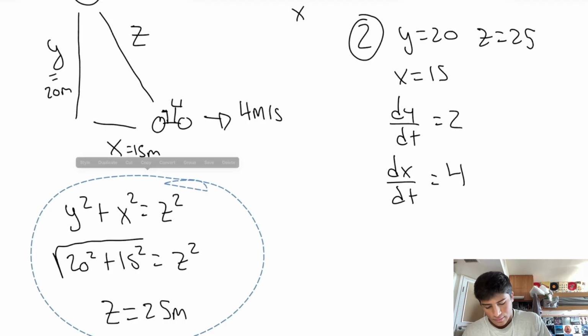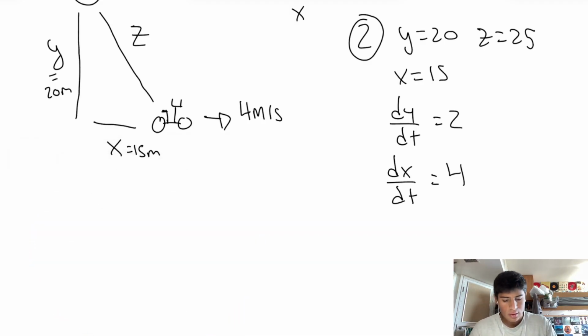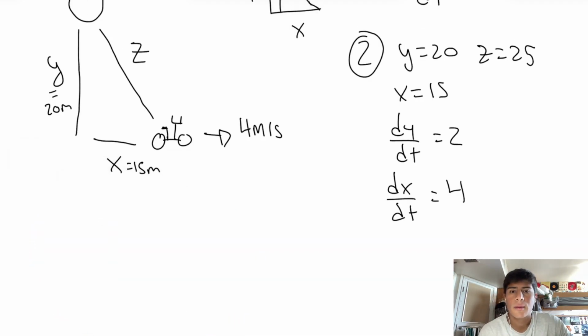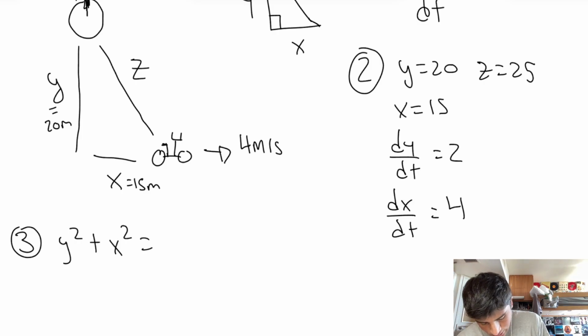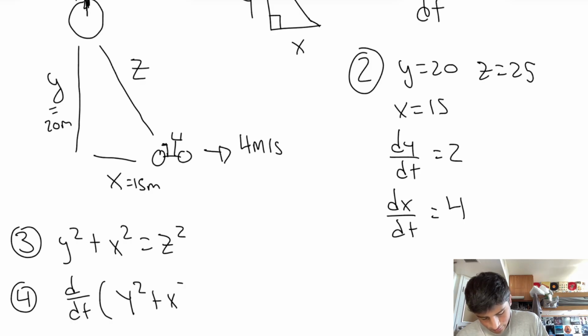All right. Three. What is the equation that relates these things? Well, we've seen it already. y squared plus x squared equals z squared. Now we differentiate this with respect to time. d over dt of y squared plus x squared equals z squared.